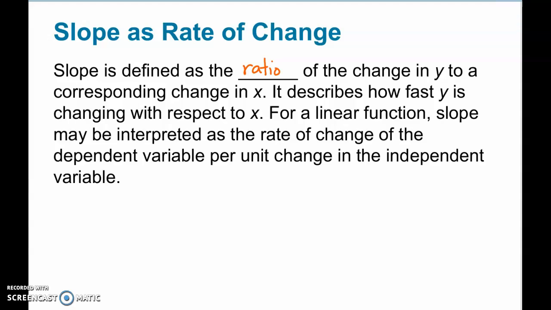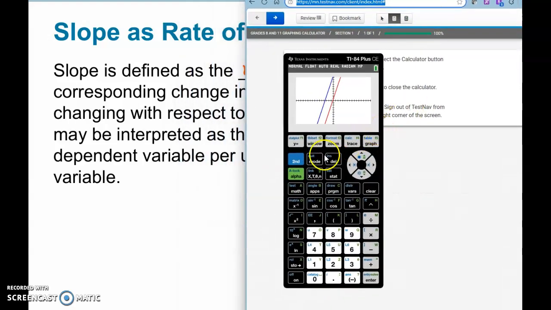Let's explore the slope a little bit by taking a look at our calculator, and you can follow along with me on your calculator. Here's my calculator, and I had this equation in there originally. We have a slope here of 3.